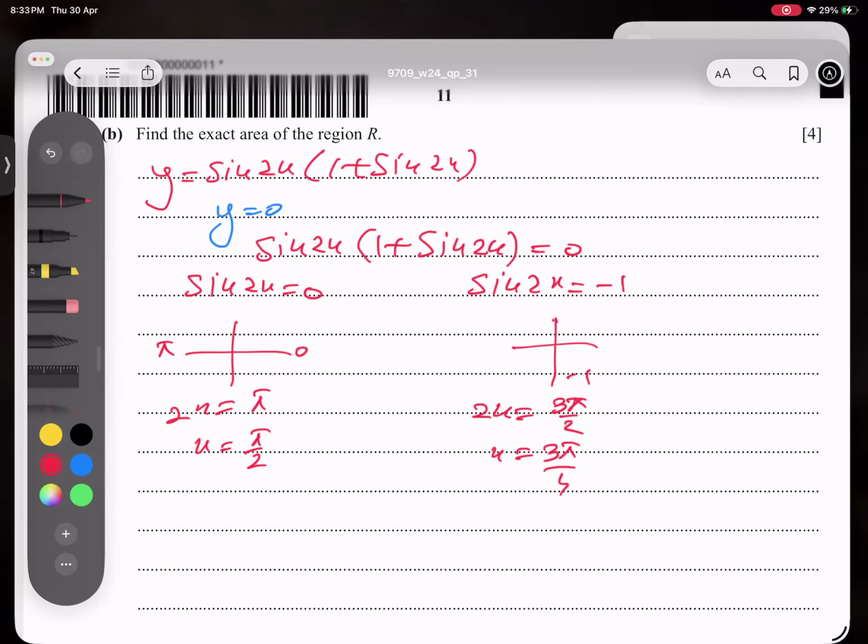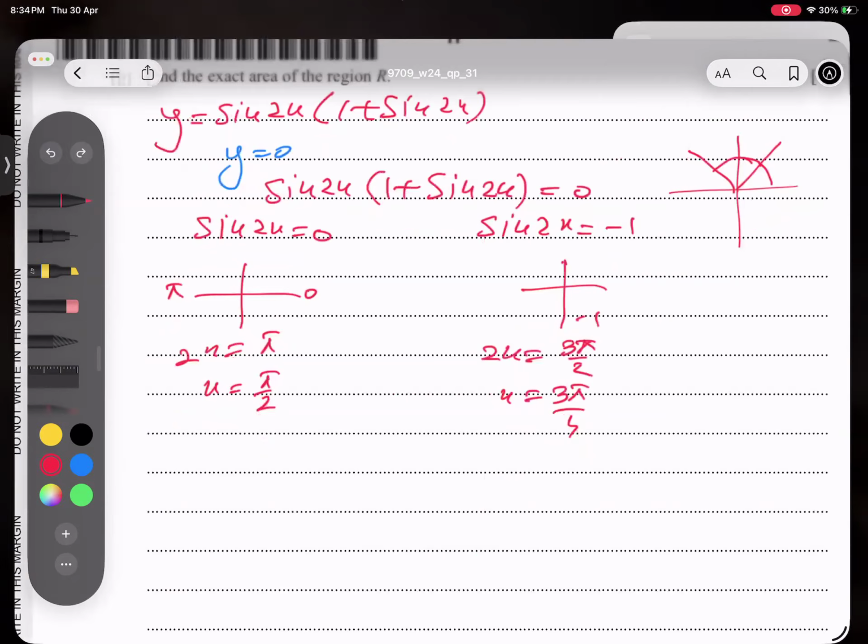And we have to check which is the smaller number, because I will take the smaller number as the limit. Pi by 2 is smaller than 3 pi by 4, so we'll take pi by 2 as the smaller number. That is what I will consider only.